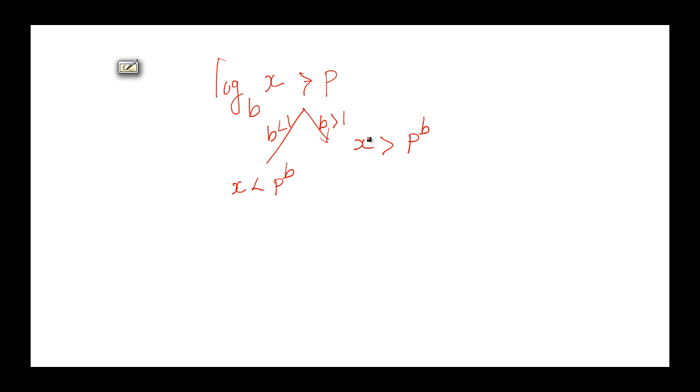But what we have to keep in mind is the base value. When the base is greater than 1, the logarithm follows a positive relationship, that is, it's always increasing. Whereas when the base is less than 1, it follows another relationship, and that's why we are getting this kind of property. Okay, thank you.